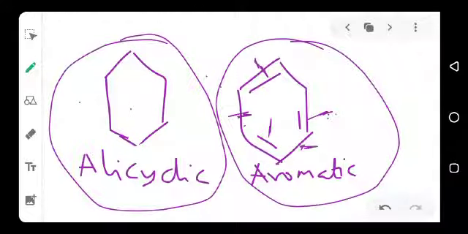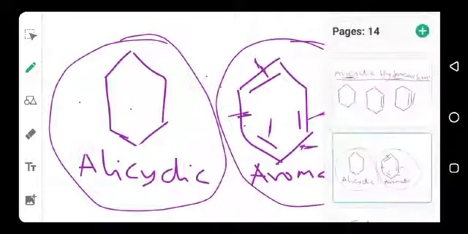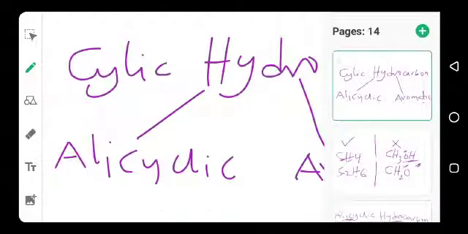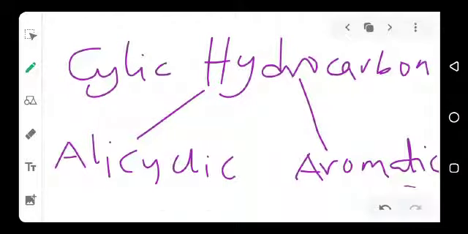So the one with alternating double bonds is called an aromatic hydrocarbon, while the one without alternating double bonds is called an alicyclic hydrocarbon. This one, there is no alternating double bond, while this one there is.